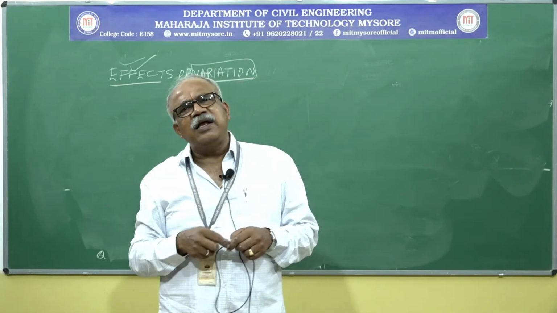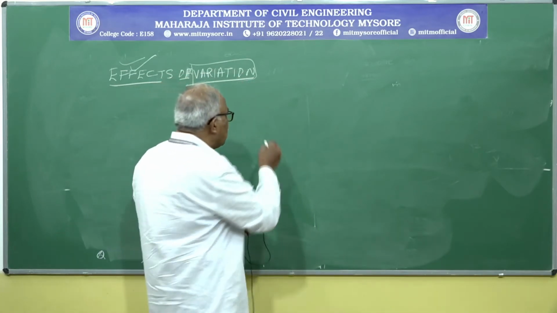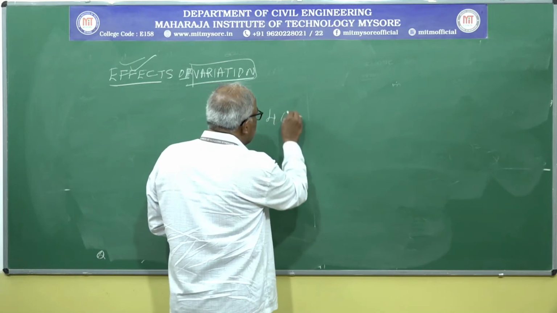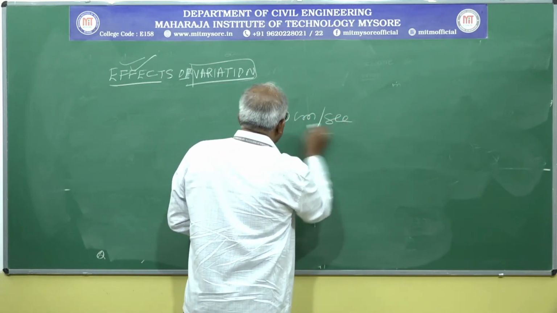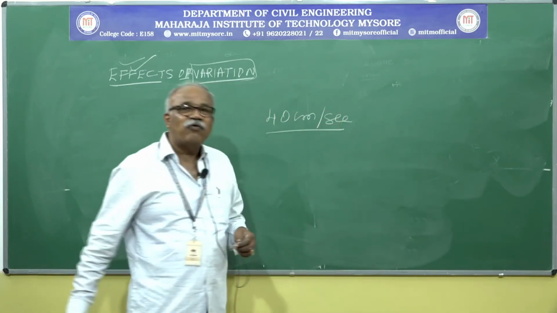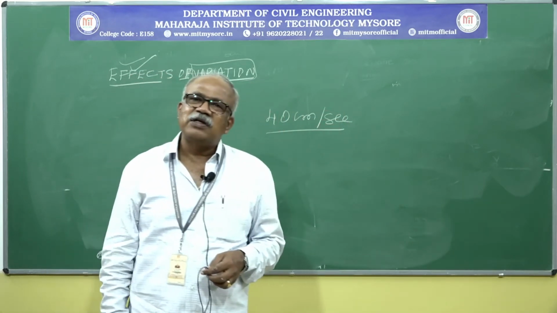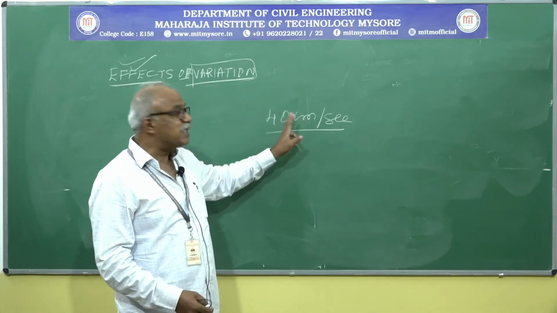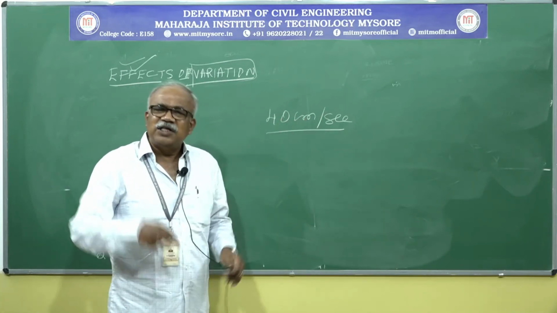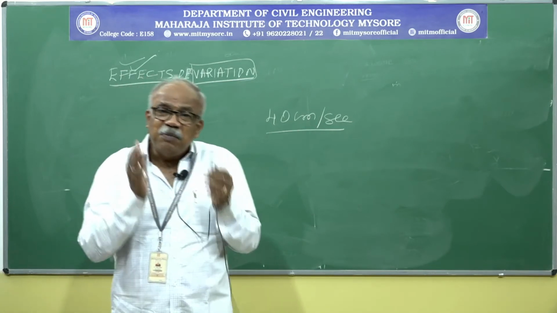Even in a flat area, we have to maintain at least 40 centimeter per second. This is the self-cleaning velocity for minimum flow, 40 centimeter per second, as per the standards. Clear?